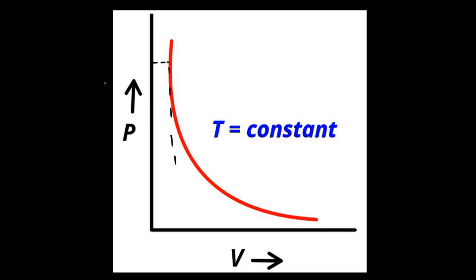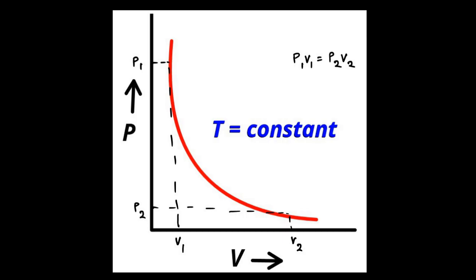Let's say I take this one as P1, this as V1, and this as P2, this as V2. P1 V1 will always be equal to P2 V2. No matter which coordinate you take, it will always be equal as per Boyle's law.